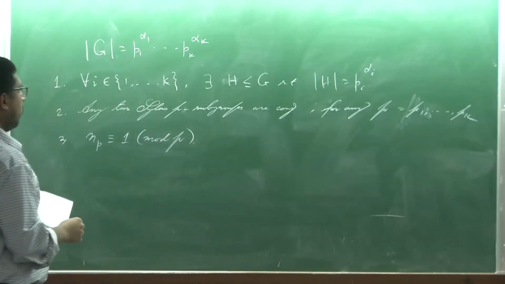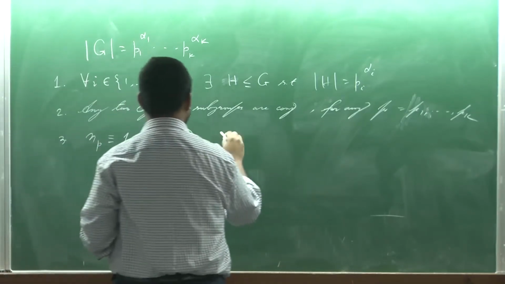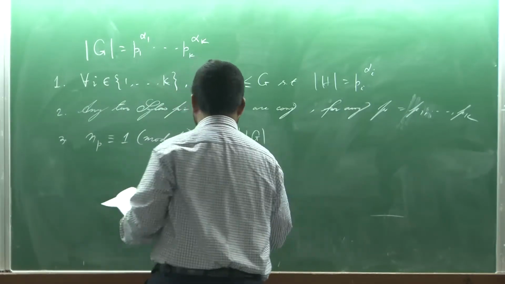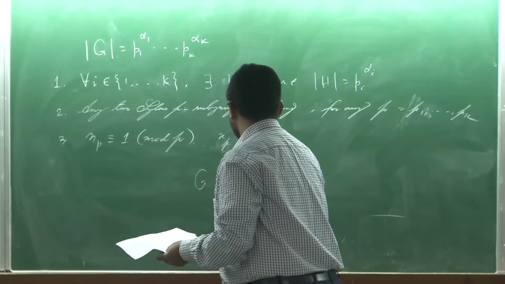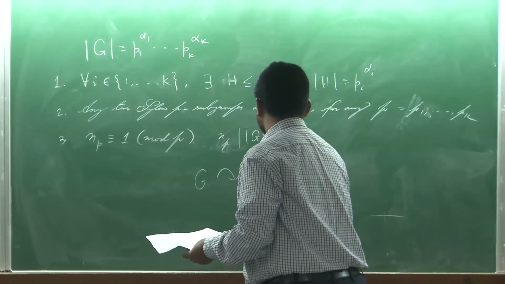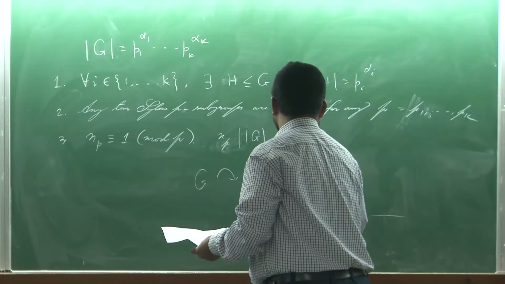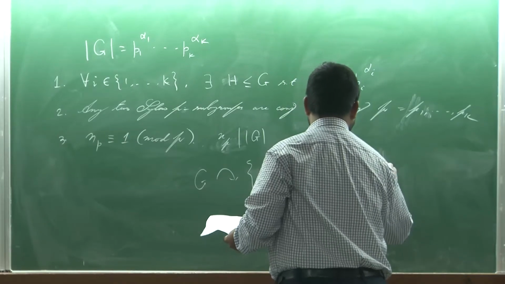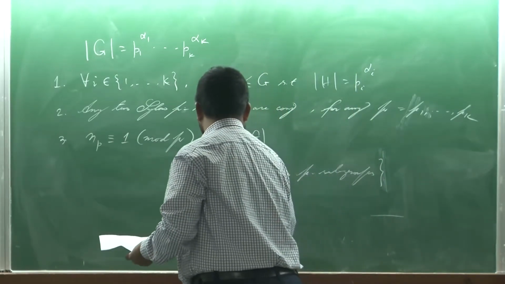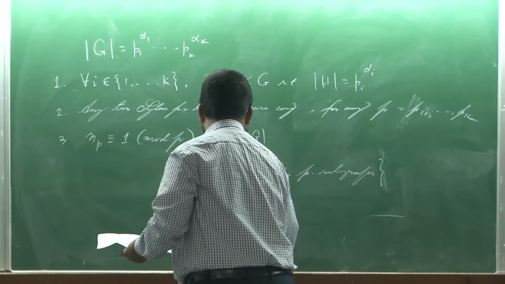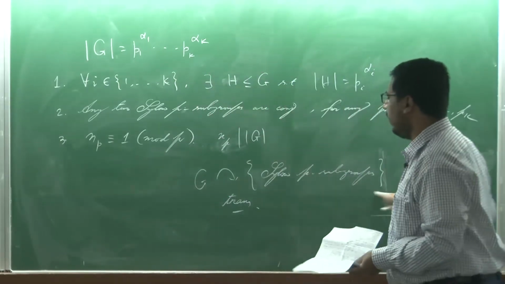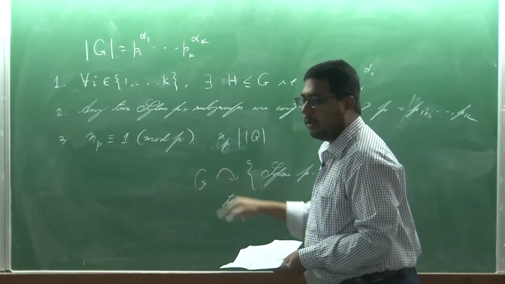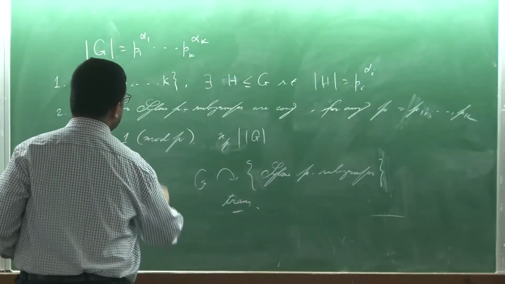Another fact is also quite clear: n_p divides the order of G, because G acts on the set of all Sylow p subgroups for any given p, and the second theorem assures that this action is transitive. So it is a single orbit, and the order of the orbit is a divisor of the order of G. So these are Sylow's theorems.